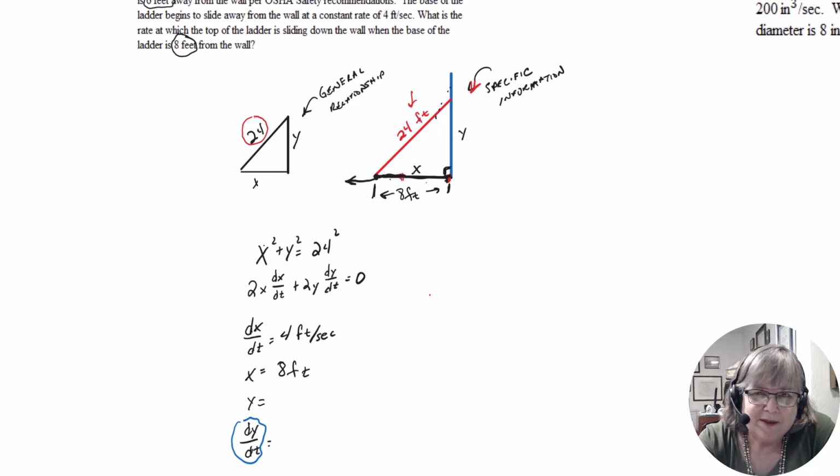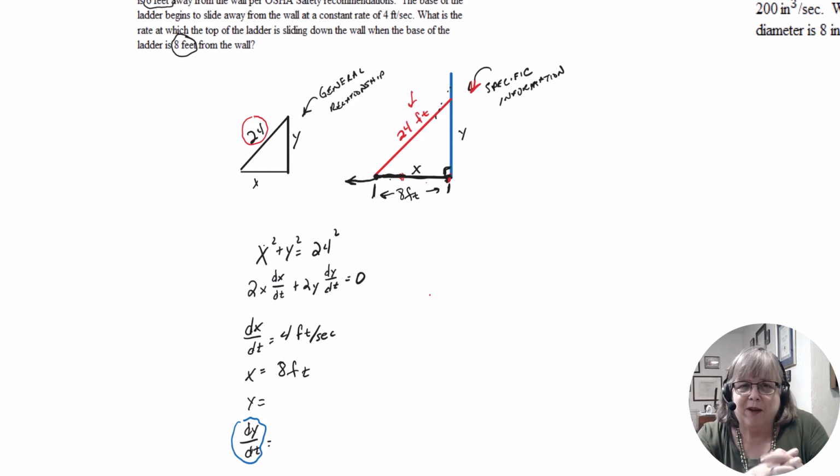So that means, and I'm just trying to work you through how you figure this out, if dy dt is the one I'm supposed to solve for, right? That means that there's no information given that way, right? So that must mean that there's some way for me to find out y. So what you do is you sort of walk through there and say, okay, I know for sure what this is. I know what this is. I know what this is.